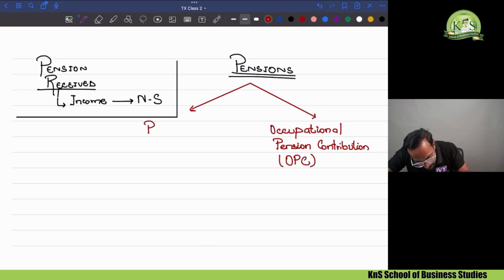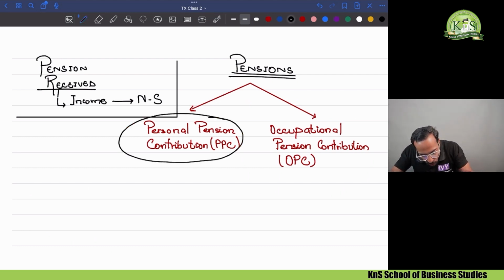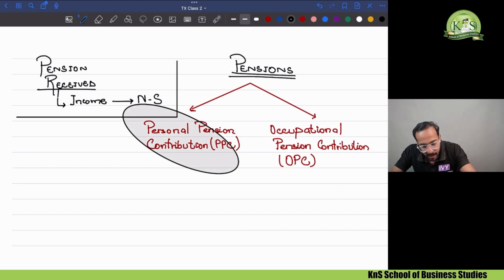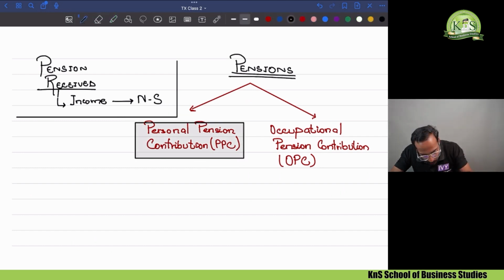The other is personal pension contribution. The short form is PPC. I'll use the short form, right? So we have a chapter and we have a concept regarding this. Got it?